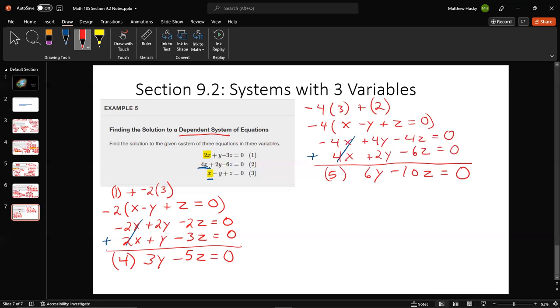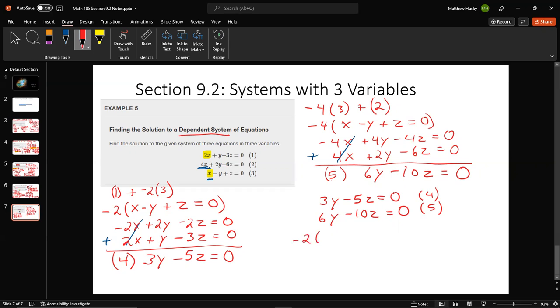So what we then end up with is 3y minus 5z equals 0, and 6y minus 10z equals 0. So that is equation 4. That is equation 5. If we want to solve for this, let's multiply the top equation by -2.